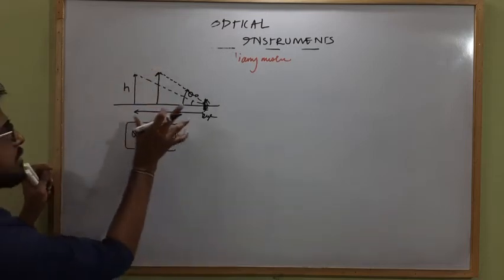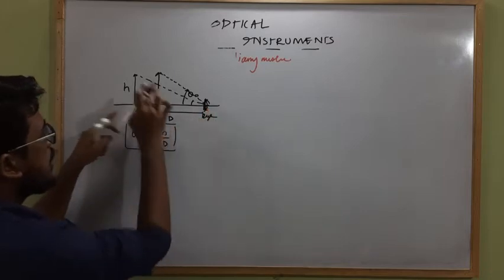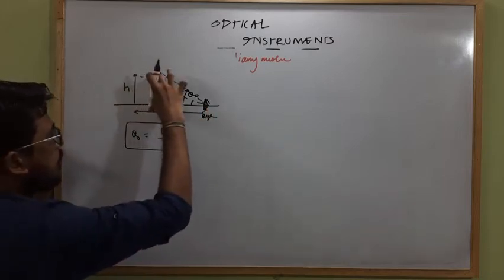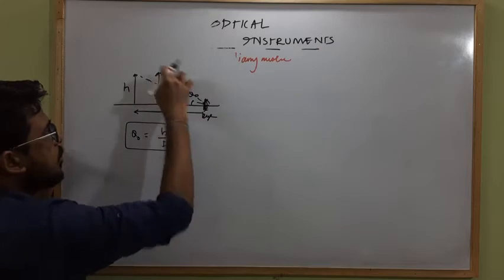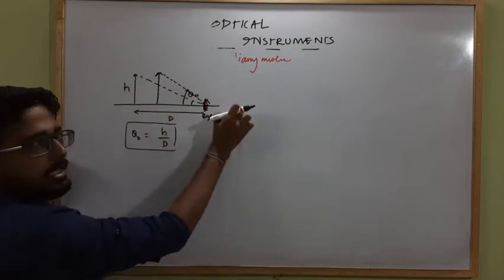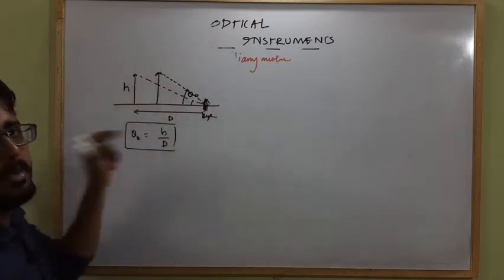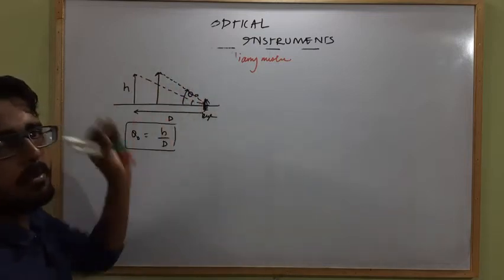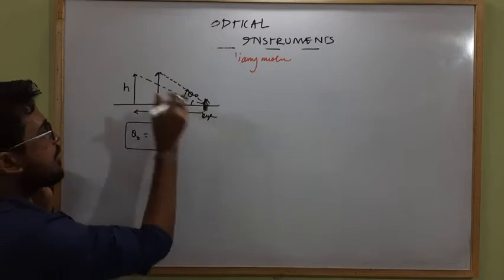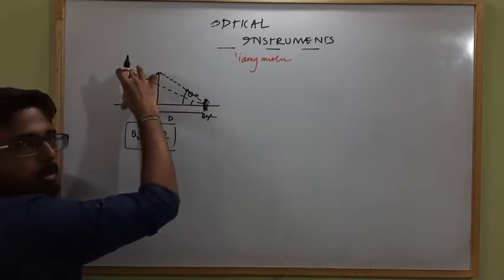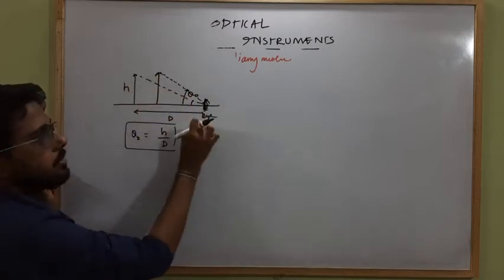But as this is the least distance of distinct vision, if we further move the object towards the eye, the image can't be formed on the retina. So maybe it gets magnified, but we can't see the image, as it is not formed on the retina. So there will be no benefit in moving the object closer than the least distance of distinct vision.